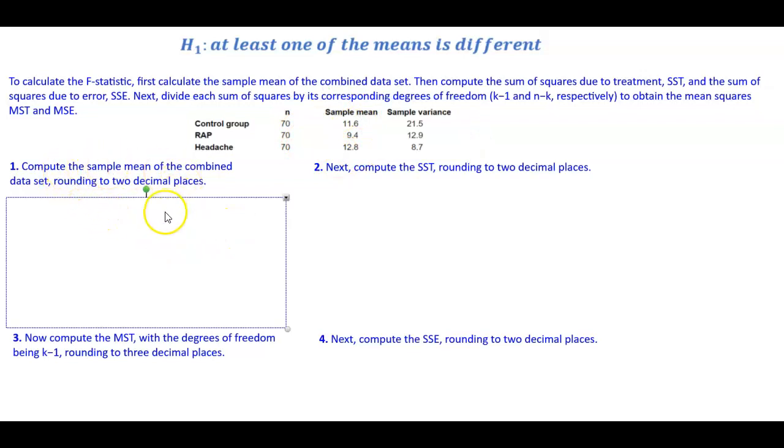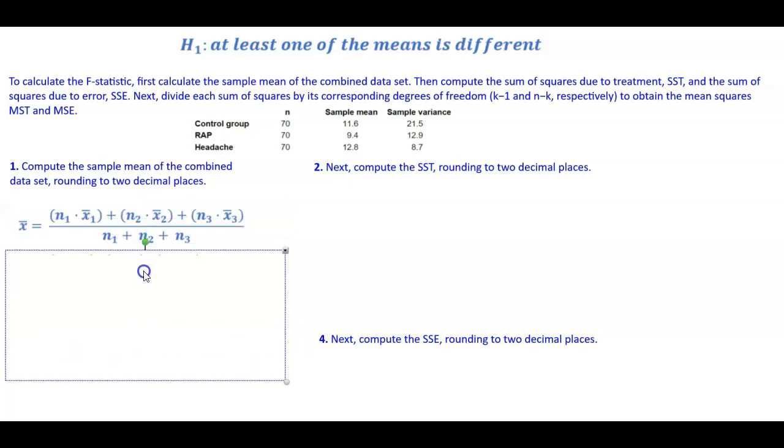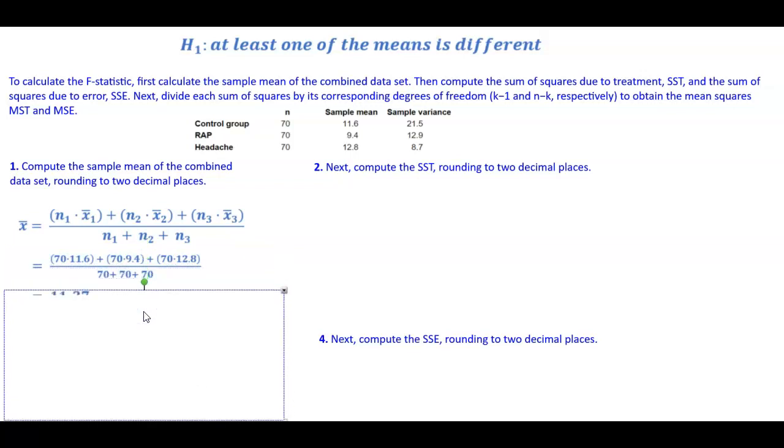To compute the sample mean of the combined data set, we round to 2 decimal places. Here's our formula. For each sample size, we know that it's 70, and in the denominator each one is also 70. The sample mean for the first group is 11.6, the next is 9.4, and the next is 12.8.